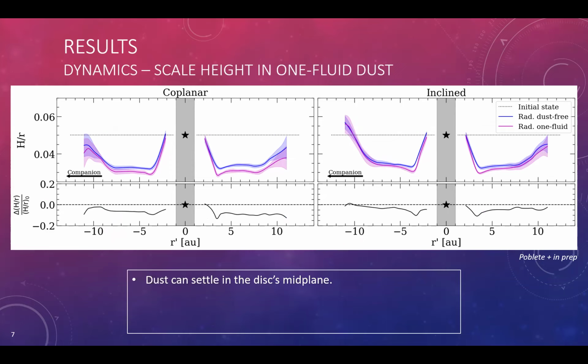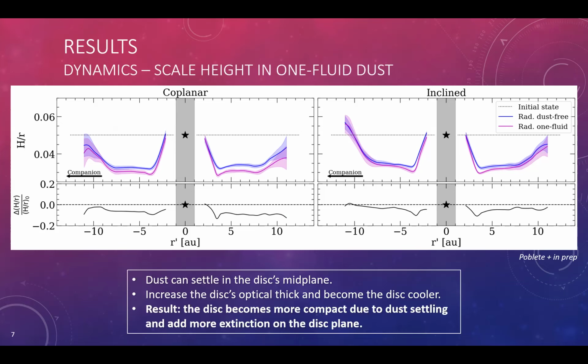In this case, dust settles to the midplane freely, as modeled with this kind of prescription, and this increases the optical thickness along the disk plane, and the result is that overall your disk is colder than when you fix the dust-to-gas ratio.